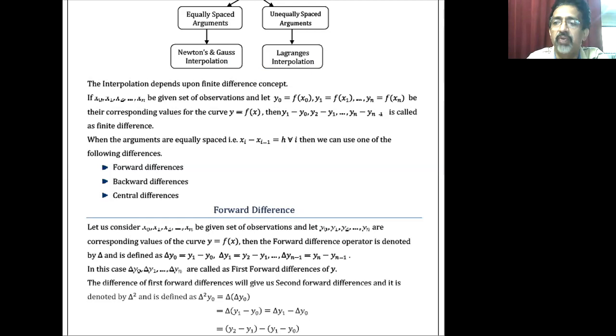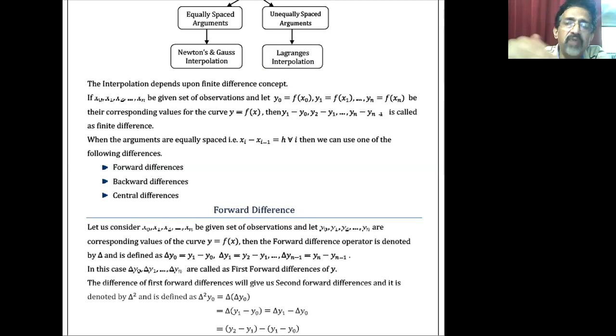Similarly, del of y1 will be what? I consider the next value of y1, that is y2, minus y1. So y2 minus y1 gives me del of y1. That's why it is called the forward difference operator. Why is it forward difference? See, del of yk, if I consider any general point yk, I should go forward and consider the next value of y.